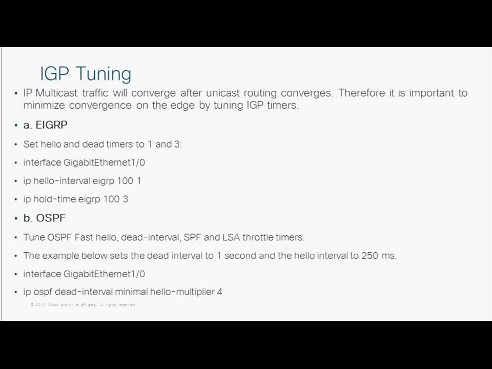Well, the multicast solution is an overlay over the routing infrastructure, right? So we have here some recommendations that we need to set for the IGPs. We can reduce the hello timers in order to force a faster convergence over the IGPs.